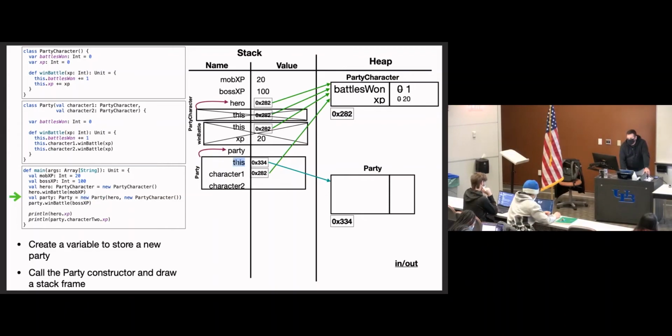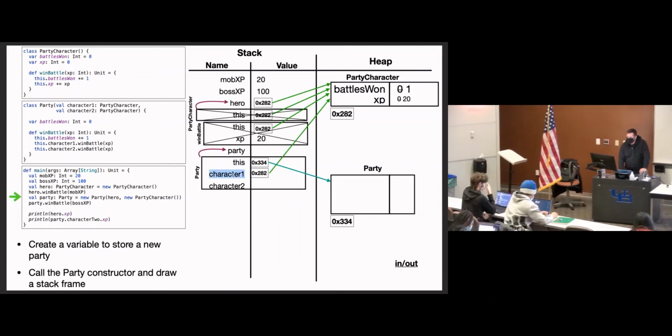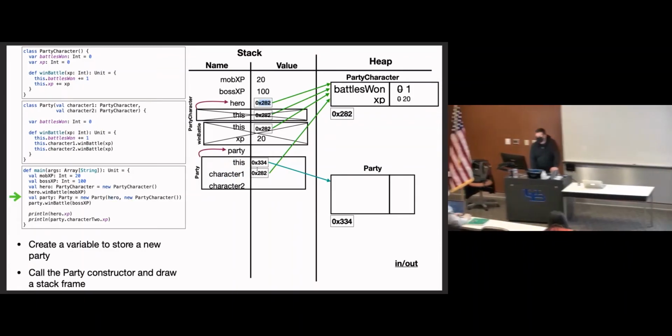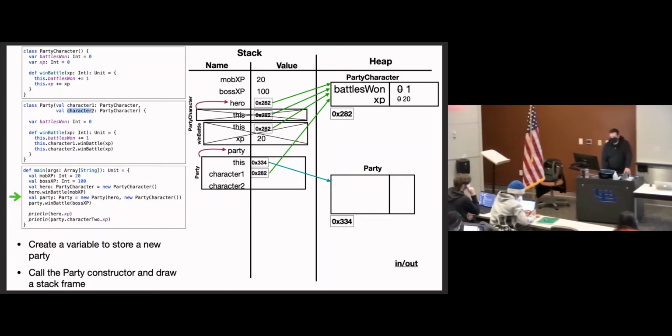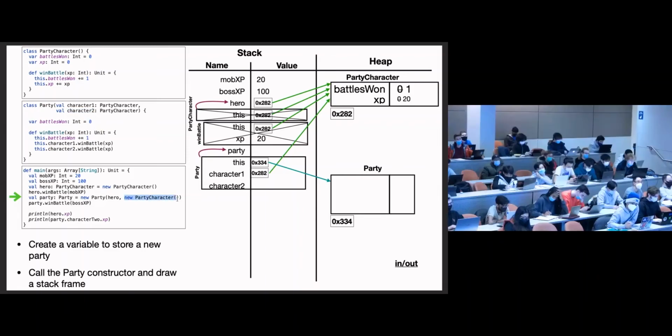We have the implicit this, a reference to the party that's being created. We have character 1, which is hero, which is 282. Okay, that's good. We're feeling good. But party takes a second parameter, character 2. And we don't quite know what that is yet.